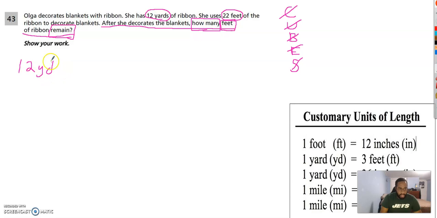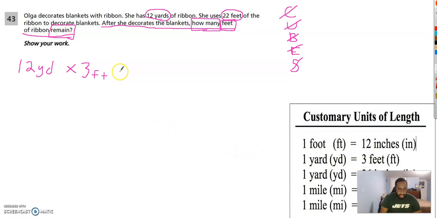All right. How did we convert this into feet? Remember, yards are bigger than feet. So bigger unit to smaller unit, what did you say, Carter? Yes, we multiply. All right. We multiply 12 yards by 3 feet because that is our unit of measure.